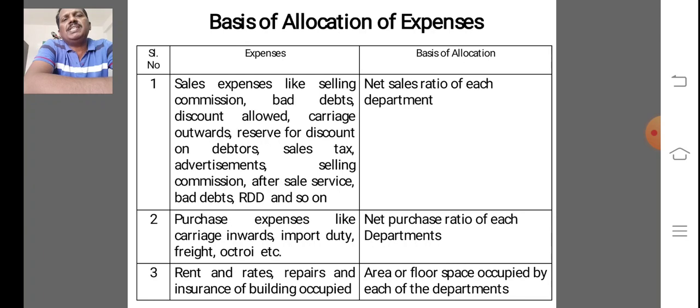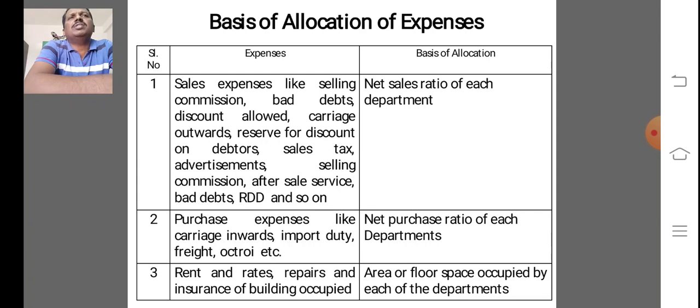Net purchases is equal to gross purchases minus purchase returns. Another one is import duty, octroi, etc. on purchases, that is to be allocated on the basis of ratio of net purchases of each department. Net purchases is equal to gross purchases minus purchase returns.